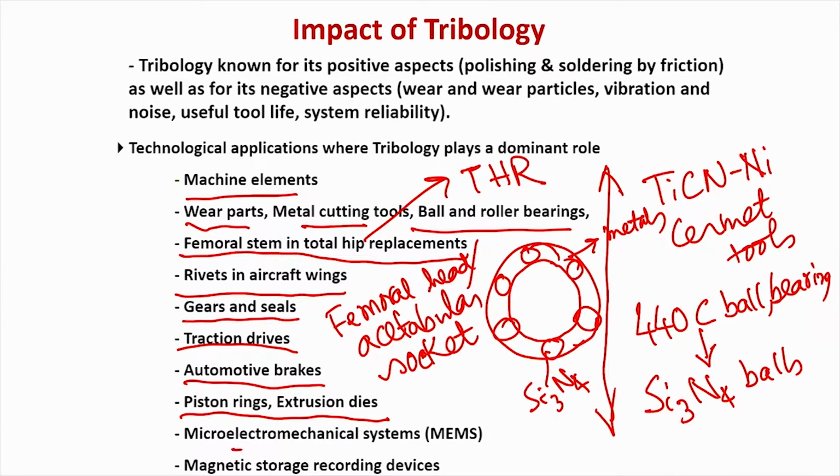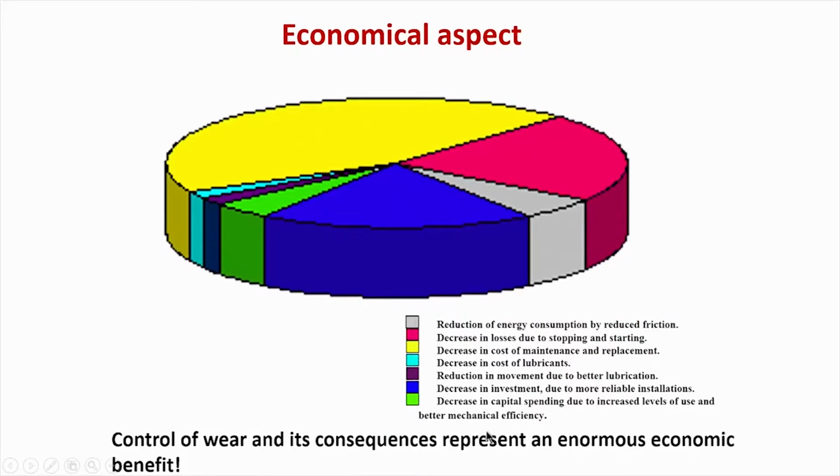Micro electromechanical systems, that is also important, and magnetic storage recording devices. So, this is MEMS and NEMS, micro and nano electromechanical systems, and they also play an important role in the field of tribological applications.